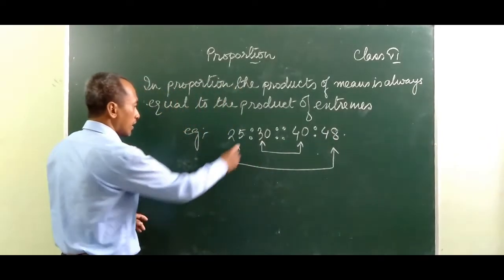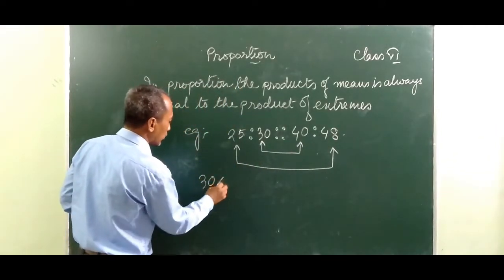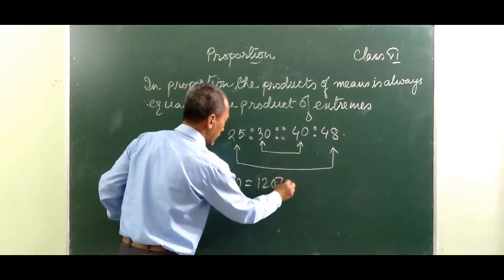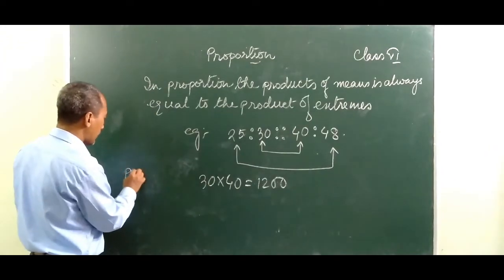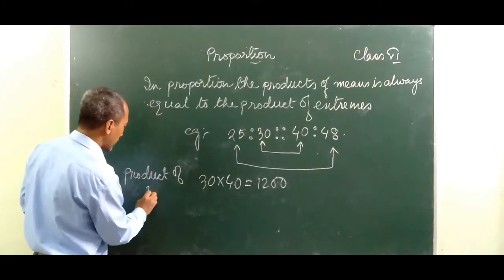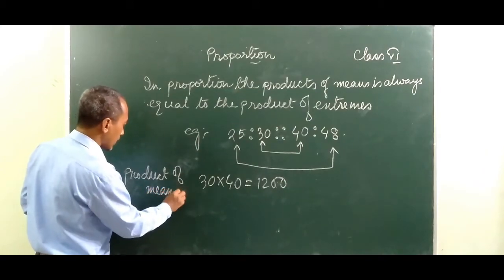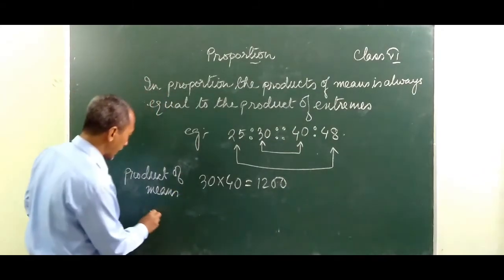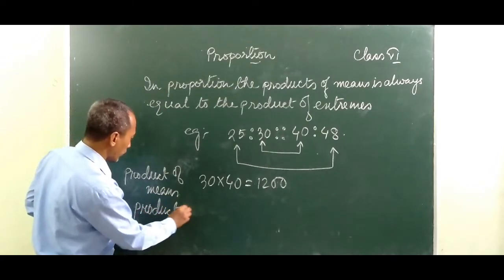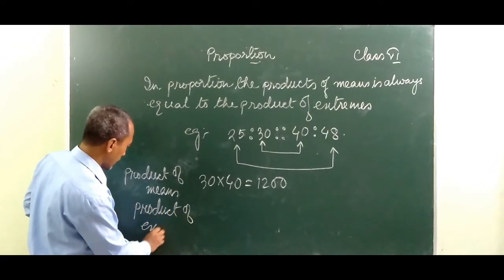Let us see. Now 30 into 40 is 1200. This is the product of means. Now let us see the product of extremes.